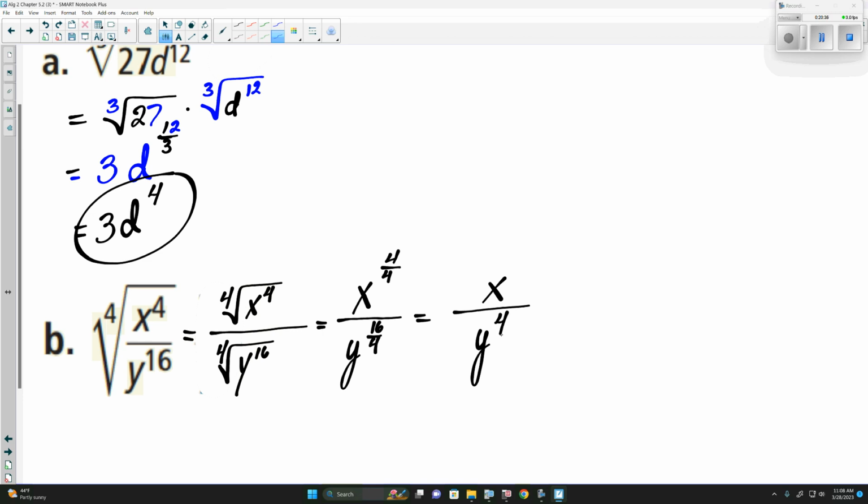So we have this here. Now I will take this as the final answer on the homework, but mathematically we would need to put the absolute values with the x to be completely correct. So I will take it with the absolute value or without. I will take either one.